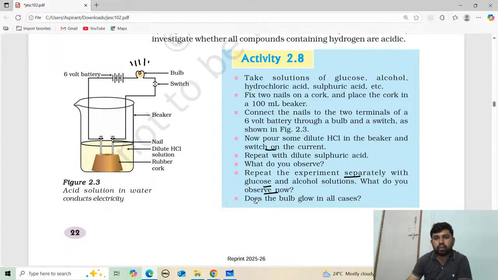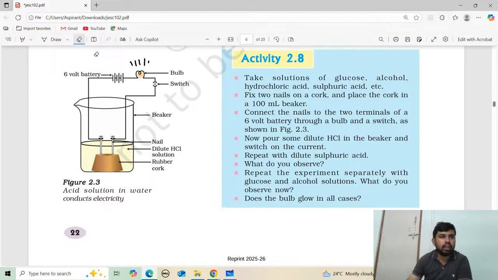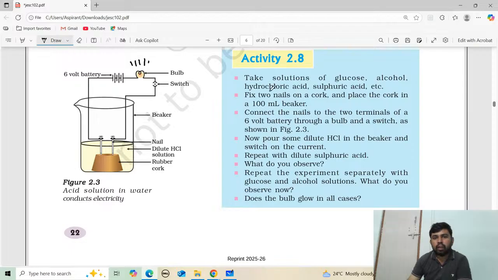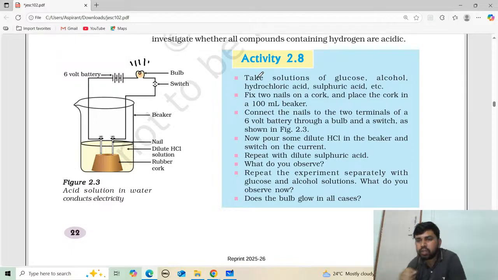Again, I am reading the activity one more time for better understanding. Fix two nails on the rubber cork and place the cork in a 100 ml beaker. A 100 ml beaker will be there here.